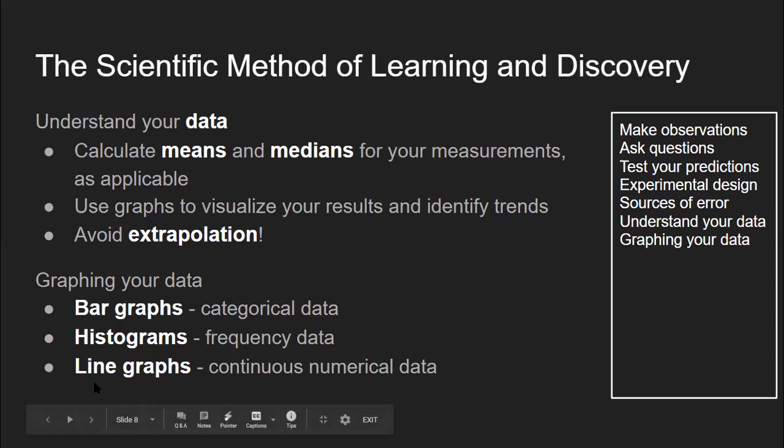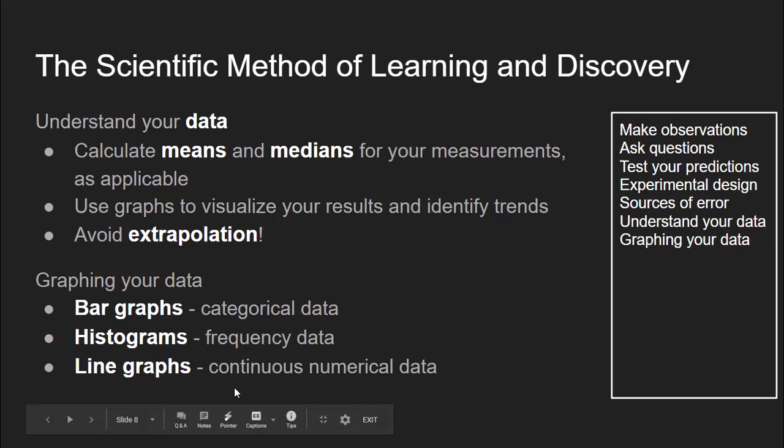And then line graphs are the ones you'll be the most familiar with in this course, because those are the ones you tend to have exercises where you graph data with line graphs. This is for continuous numerical data. Continuous numerical data is when you have numbers, that's numerical, that are not frequencies, right? Frequencies are counts, they're whole numbers. You can't have half of a dog, right?